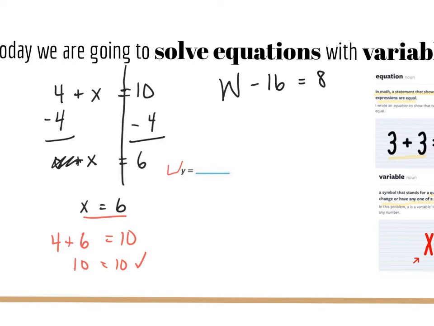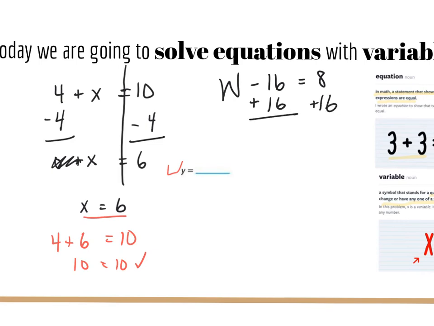All right, a lot of you are thinking, I can just add on 8 to see what 16 is, or I can do trial and error until I get an answer of 8. All are great ideas. However, what I'm going to do is W minus 16 is the same thing as negative 16. And the opposite is positive 16. So I'm going to add 16 here.